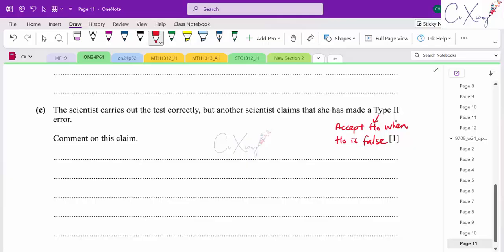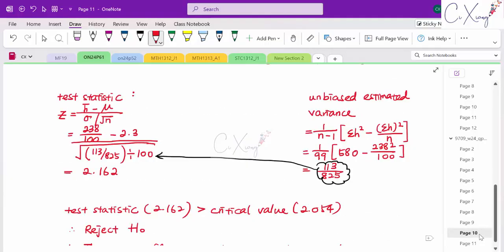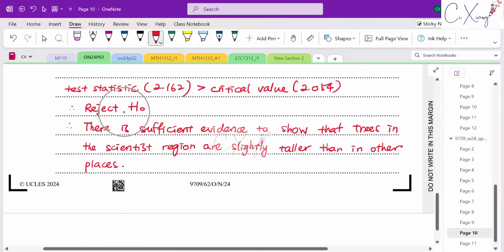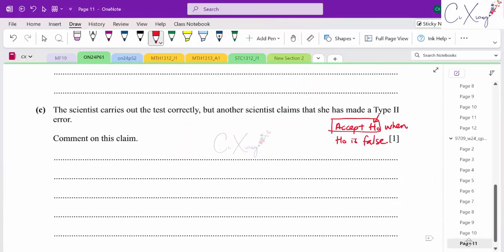So you will make a type 2 error when you accept the null hypothesis. But if you refer back to our result just now, you reject the null hypothesis, right? Therefore, it is impossible that the scientist made a type 2 error, because a type 2 error will happen only when you conclude that you accept the null hypothesis.